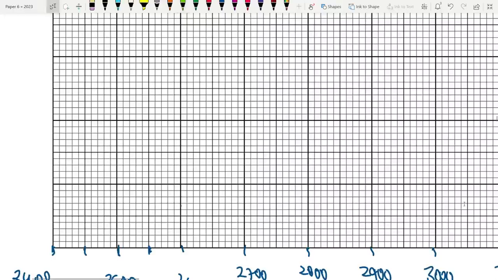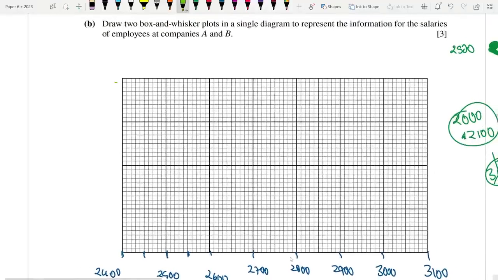It's up to you guys, honestly, what you want to do. Like two big boxes. So how many are there in total? 1, 2, 3, 4, 5, 6, 7, 8.